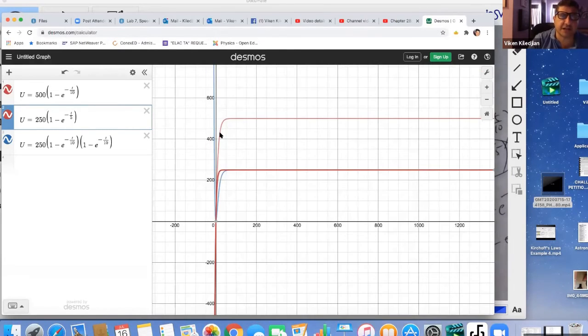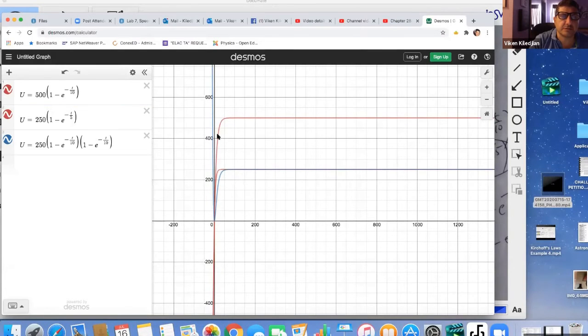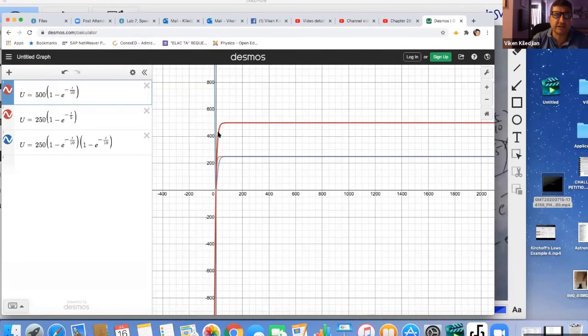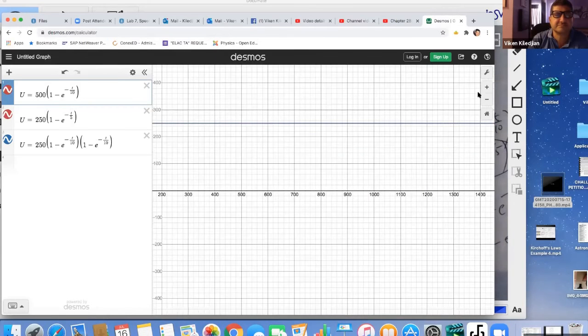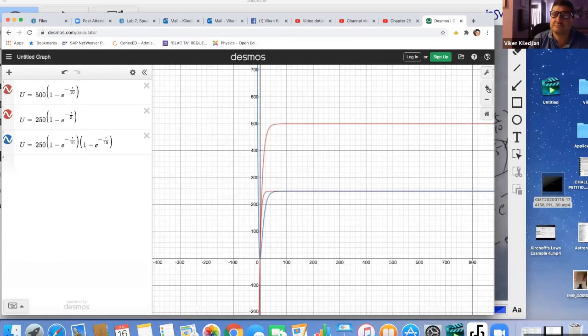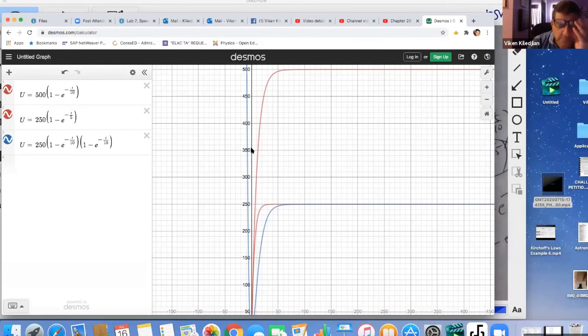And now in 20 seconds, how much has the battery produced? 432.332. So what should happen?